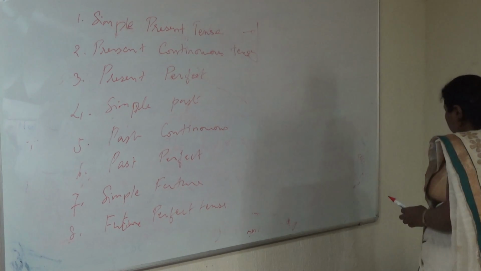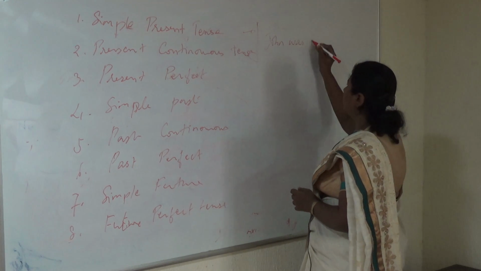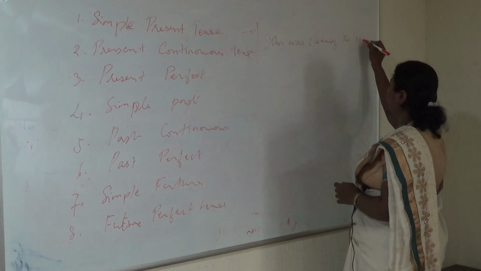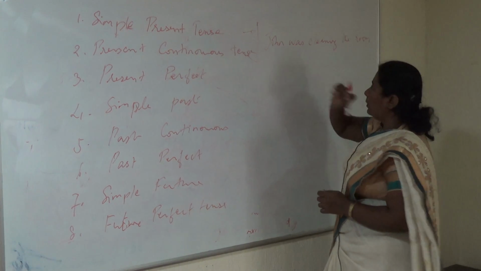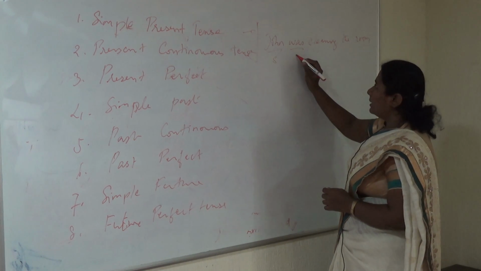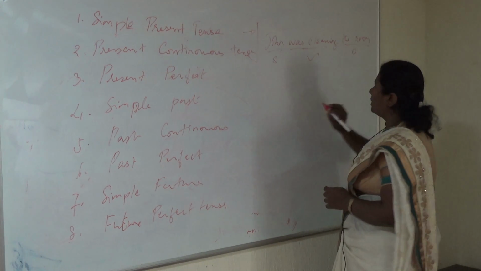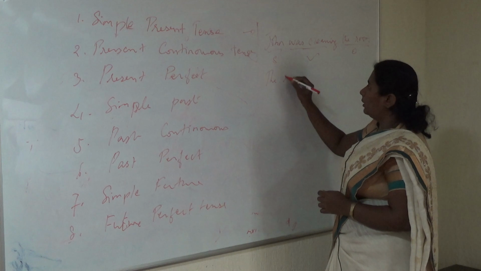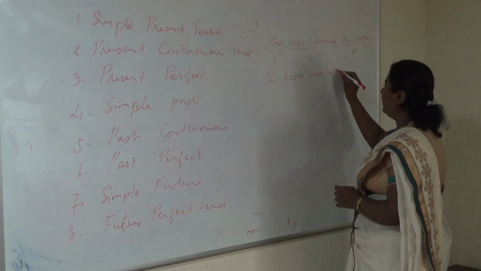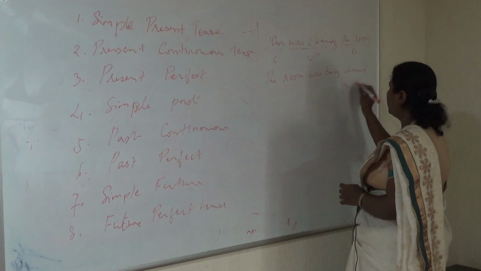Come to past continuous tense. John was cleaning the room. To make it very simple, again I want to tell you, John is the subject, this is the verb and the room is the object. Put the object first. The room was being cleaned by John.